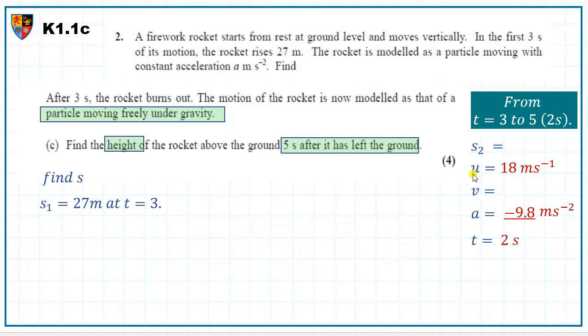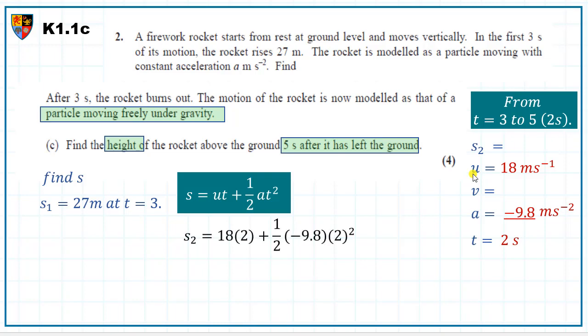And we also know that we're moving for 2 seconds. That's what we're interested in. So again, we can use s equals ut plus a half at squared to get the second part of our overall distance, to find out what's happening from 3 seconds to 5 seconds.